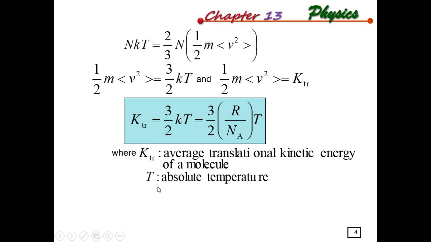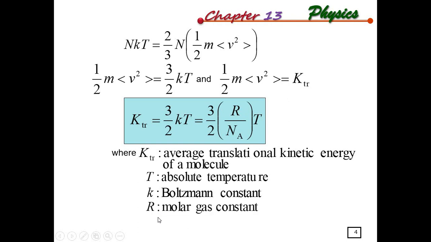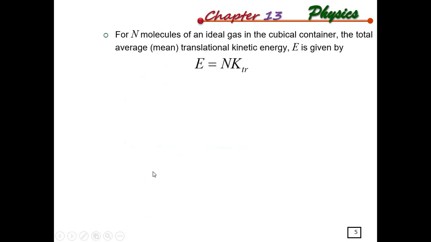T is absolute temperature, k is the Boltzmann constant, R is the molar gas constant, and NA is the Avogadro constant. For N molecules of an ideal gas in the cubical container, the total or average translational kinetic energy E is given by the equation E equals N times KTR. KTR is the translational kinetic energy.